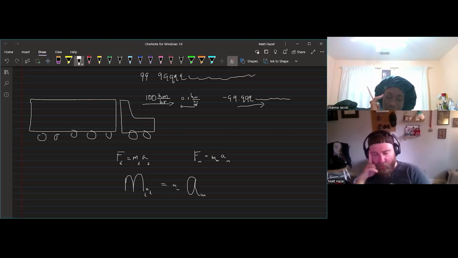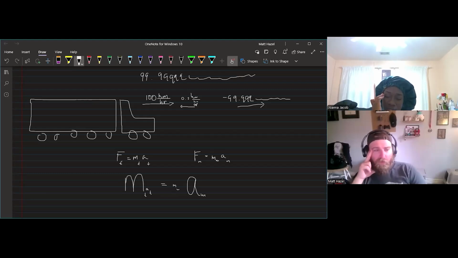Okay, I like that. So vectors deal with displacement, but scalars deal with distance, is what you're saying? Yeah. If I say distance, it can be in any direction and any number, right? But you can't have a negative distance, but you can have a negative displacement.